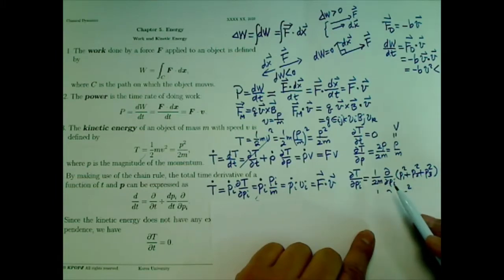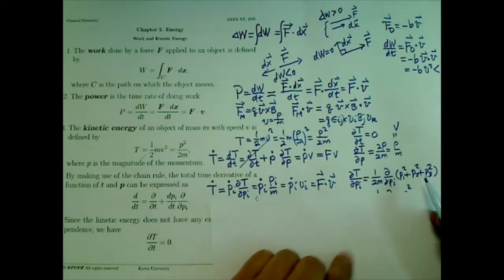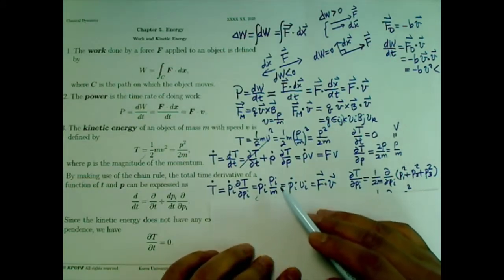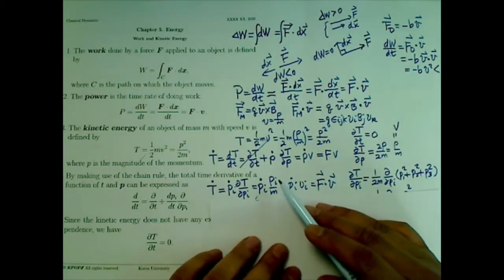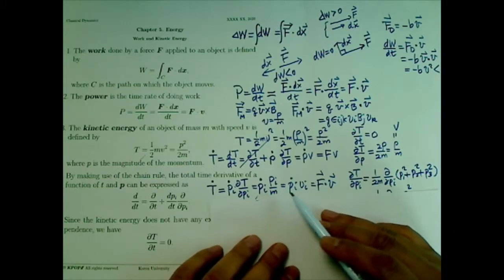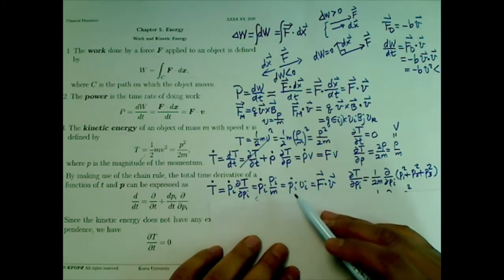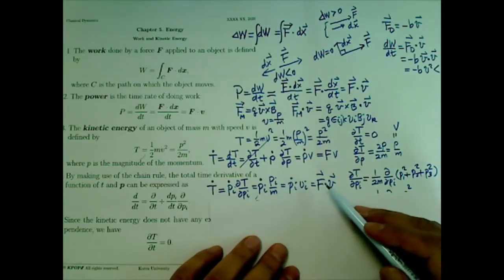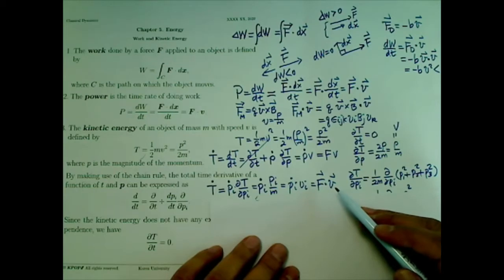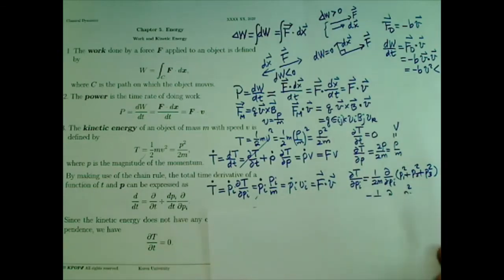And if i equals 3, it should be 2p3. Therefore, this is pi over m, the ith component of the velocity. pi dot is the ith component of force. And the sum over i means the force scalar product with the velocity. Right.